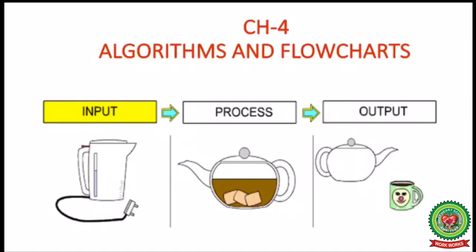Put the tea bags into the teapot. Then the water in the kettle boils. Then the boiling water is poured into the teapot. And at last, in the output, the tea is poured into the teacup. And now you can add milk and sugar according to your need.